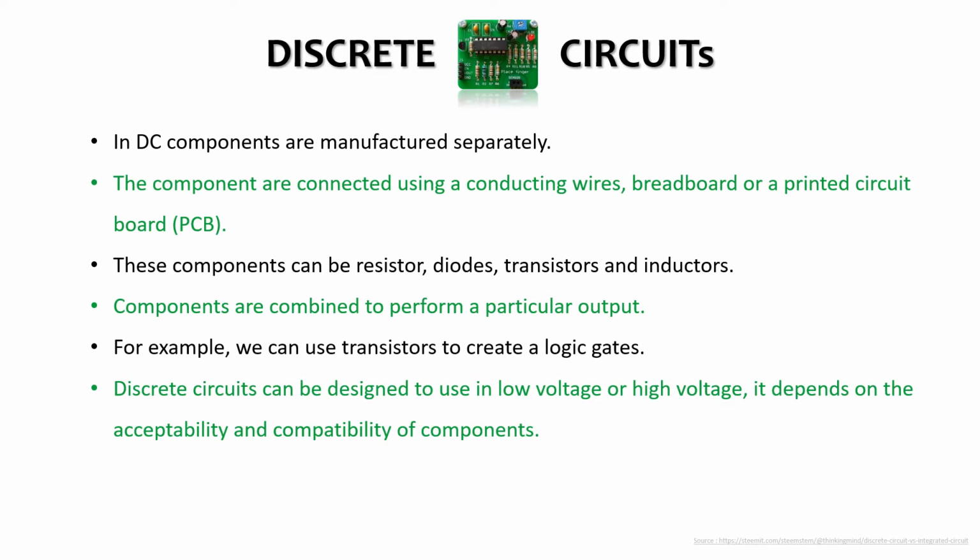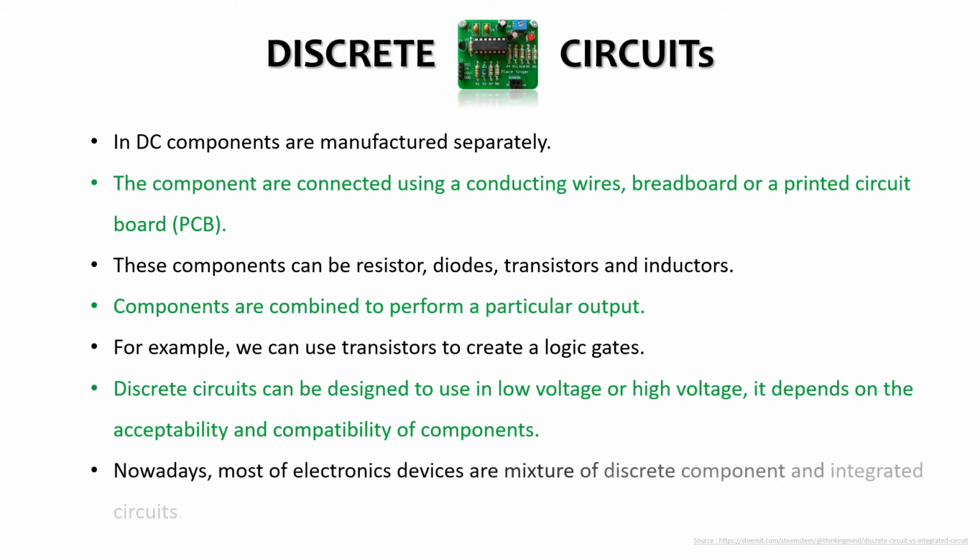And yes, most electronic devices are a mixture of discrete components and ICs, as we have already discussed in our last live session, that you can find a mixture of both circuits in almost all electronic devices. So it's just a basic idea about the discrete circuit, and we'll learn about the IC in detail in the next slides.